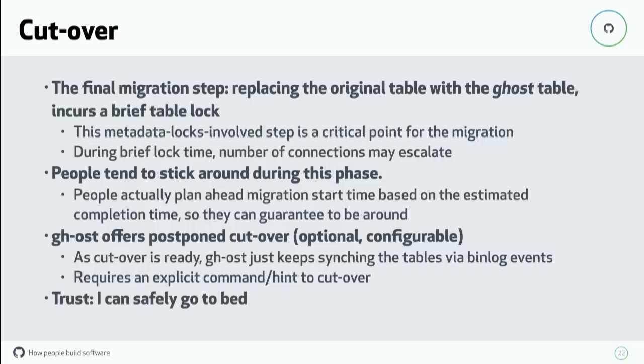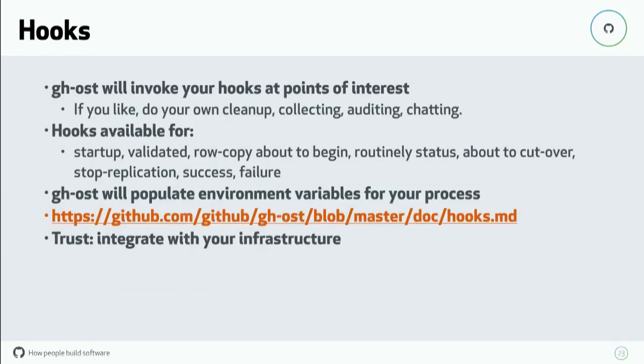We have it fire off some hooks, so there's a message from Hubot saying, hey, that migration's done, I'm just going to keep going, and it's ready whenever you're ready. So that means I can go to bed. I can not worry that the migration cutover is going to happen and I'm going to get woken up or anything weird like that. So hooks, right? That's what I was talking about there.